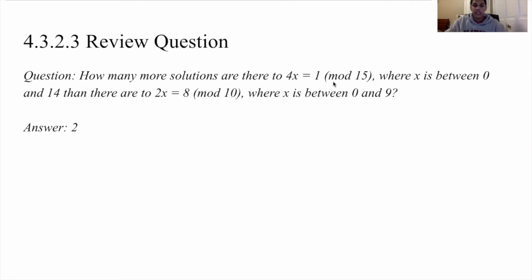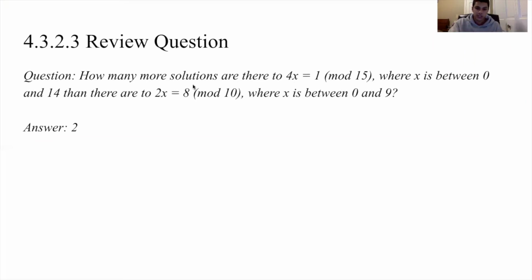The first thing that I notice is it's not actually asking us to find the value of x in 4x equals 1 in mod 15 or 2x equals 8 in mod 10. All it's asking us is to find how many solutions there are and then find the difference between those two, which simplifies this question quite a bit, because that's just the strategy we were talking about.